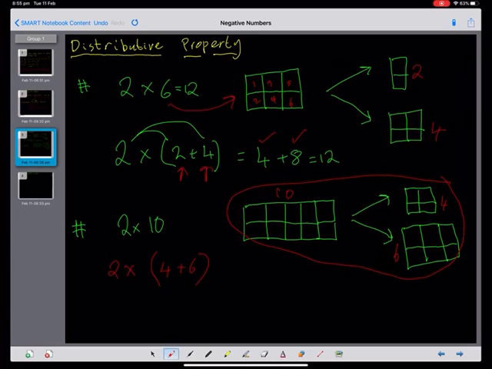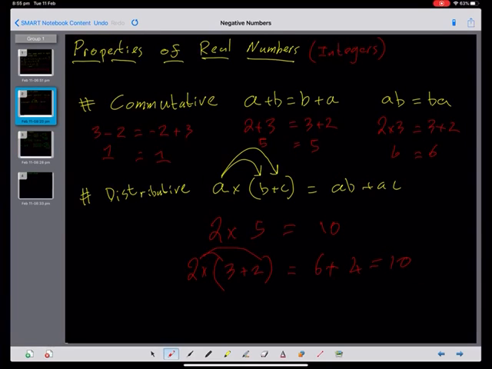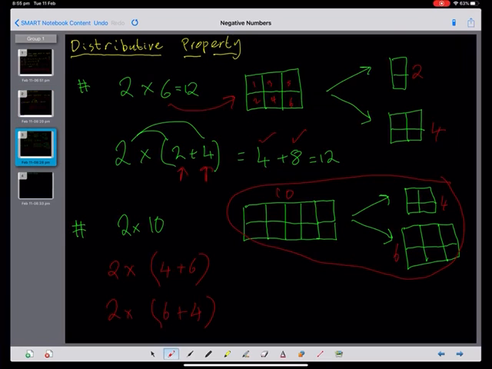And we know from the previous slide that is the same as 2 multiplied by 6 plus 4, using the commutative property. Okay, so let's distribute that. So we got 2 times 6 is 12. 2 times 4 is 8, which is 20. And we all know that 2 times 10 is 20.